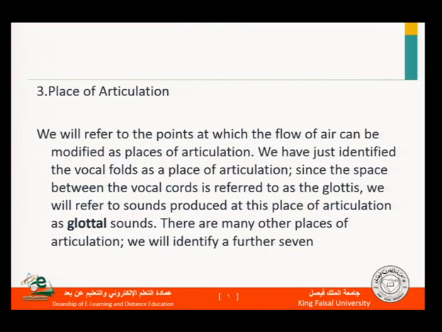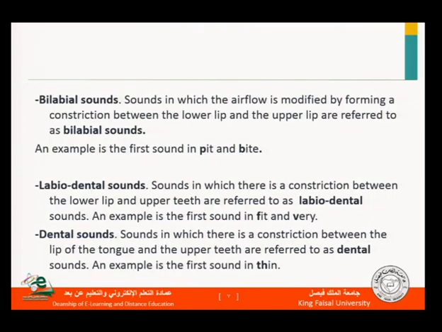Of course, there are many other places of articulation, and we will start with the second place of articulation, which is the bilabial sounds. What we mean by bilabial sounds are the sounds that are made using the two lips.